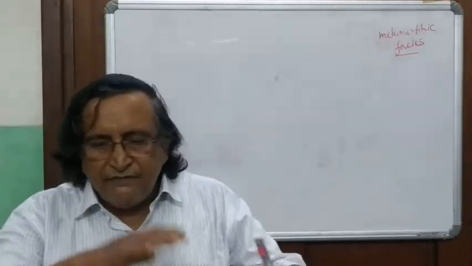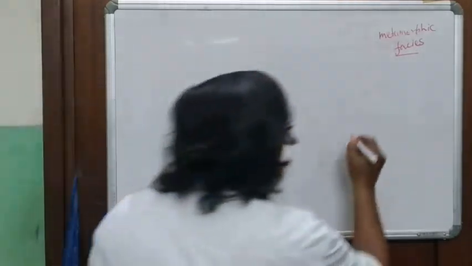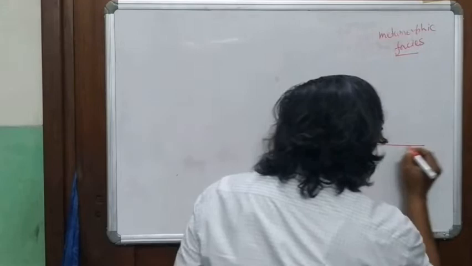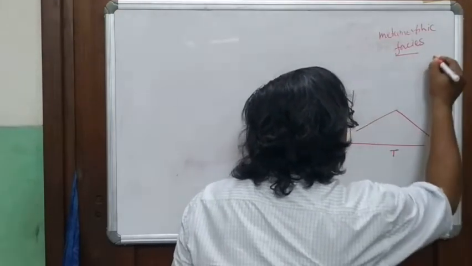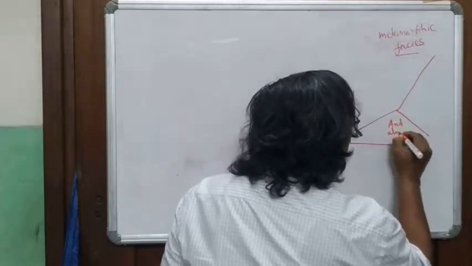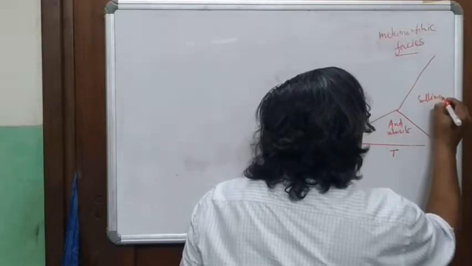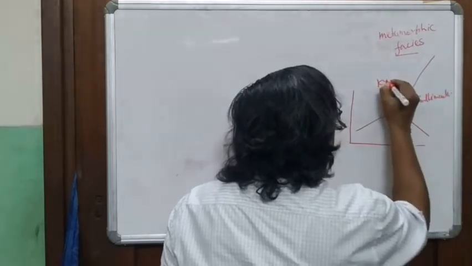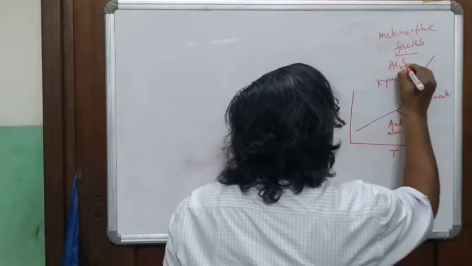When you have reactions, obviously the reactions occur along certain boundaries. Say, for example, this is temperature and this is pressure. I think by this time you know about what is called andalusite, sillimanite, and kyanite, all having the formula Al2SiO5.